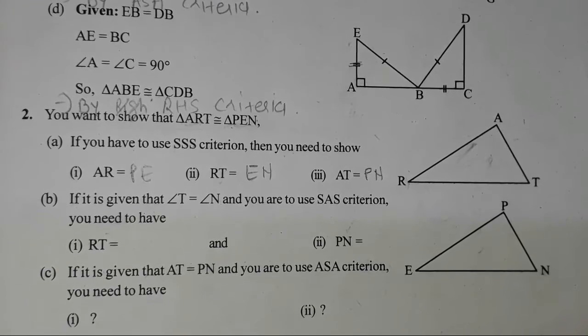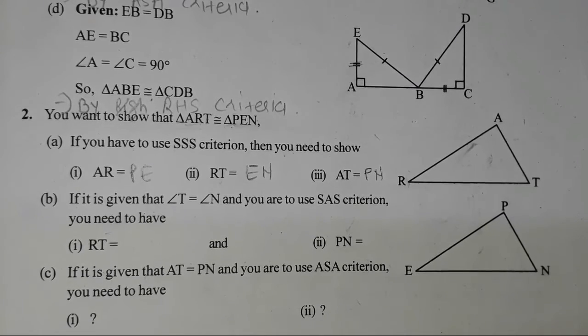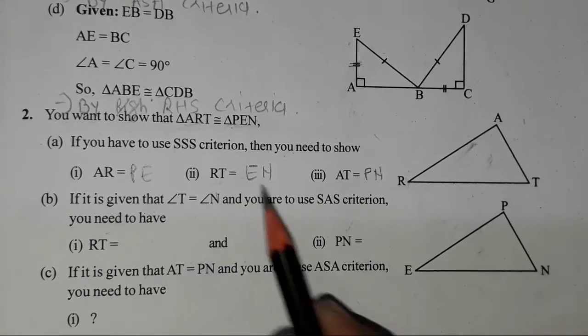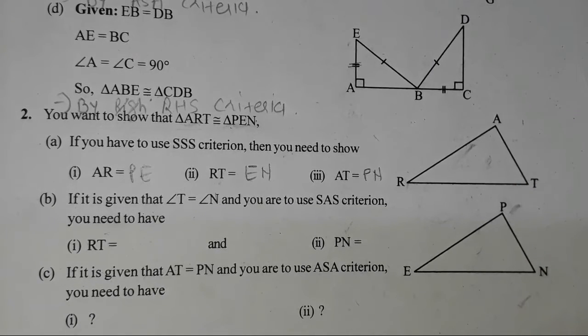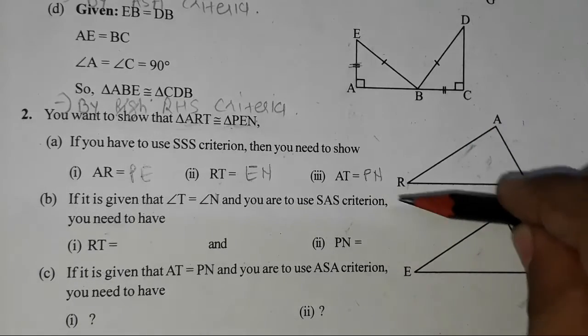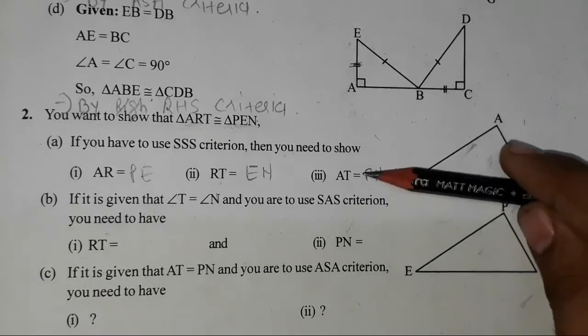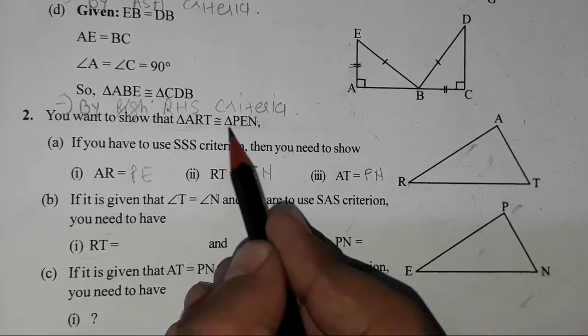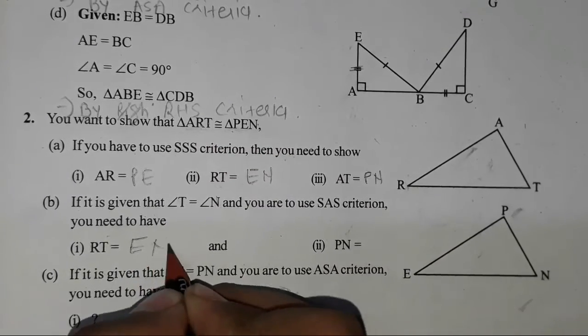So here we have to check that the two sides are there and the angle included between them is equal. It is given that angle T equals angle N. Between angle T and angle N, which two sides fall? PN and RT. So we have to find their corresponding sides. The side corresponding to RT is EN.